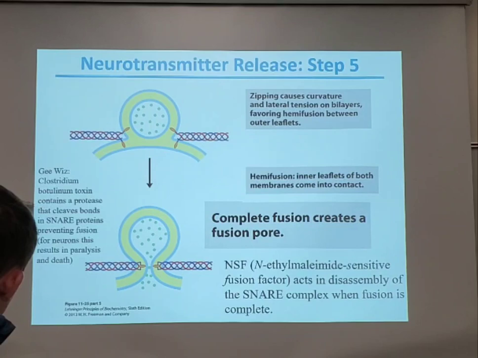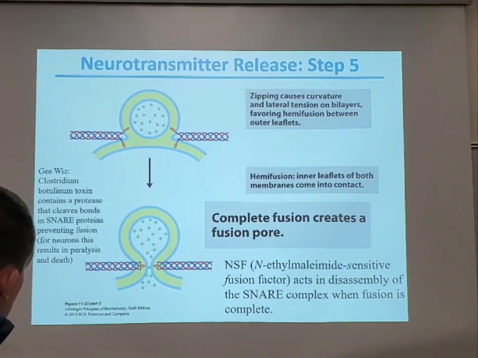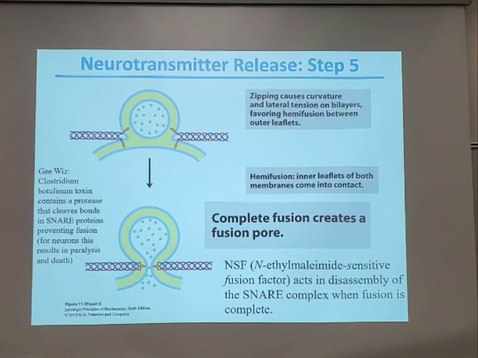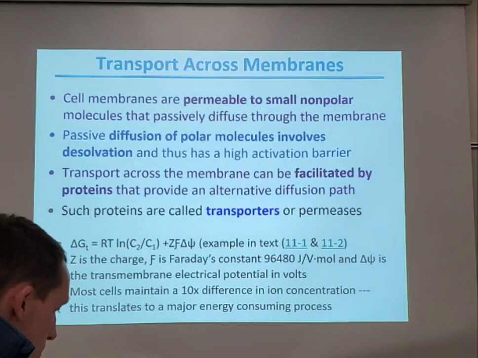It contains a protease that actually is capable of doing what? Cleaving the SNARE bonds, preventing the fusion for the neurons, and this results in paralysis and death. You just figured out why botulism is bad for you. The protease, messing up your SNAREs. That's our fusion protein discussion.